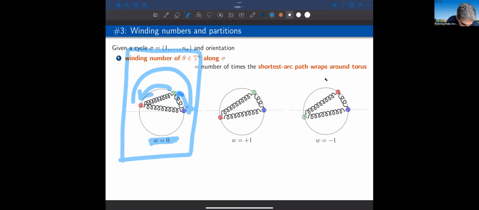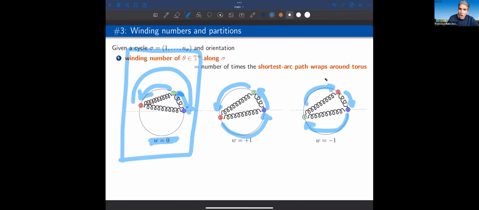On the other hand, if you place the node number 3 at a certain location, so you go on the shortest arc, and the shortest arc, now you have wrapped around the circle once. And if you were to just relabel the nodes, where 2 and 3 are relabeled, now you find out that you have wrapped around -1 time if you count the number of wrappings in a counterclockwise way.